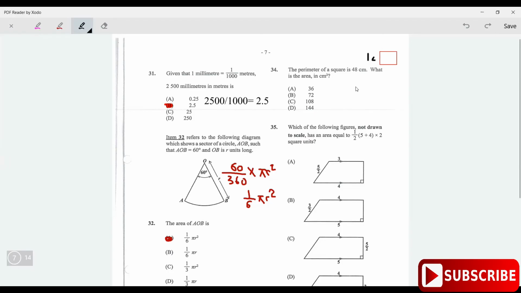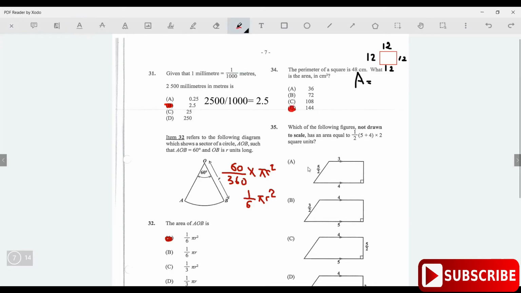If each side is 12, then the area is going to be 12 times 12, and we know 12 times 12 is 144. That's good when you see it like this. It makes a little more sense. Easy.